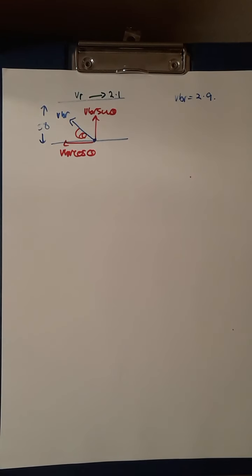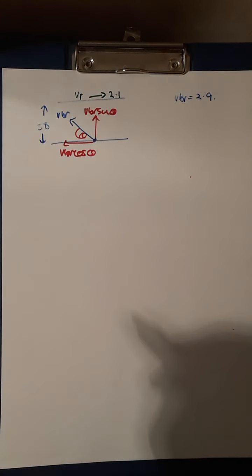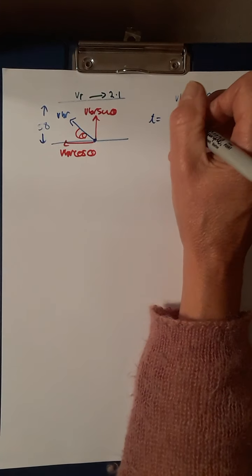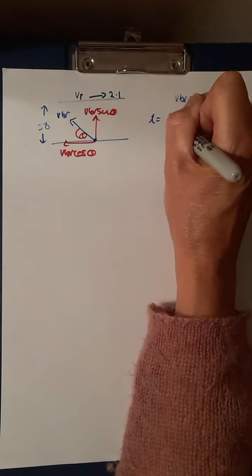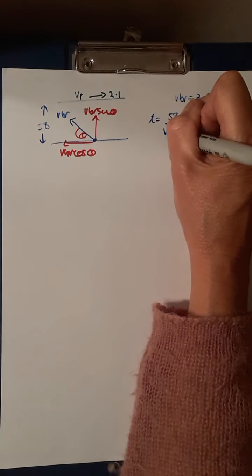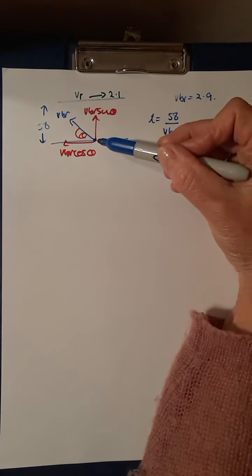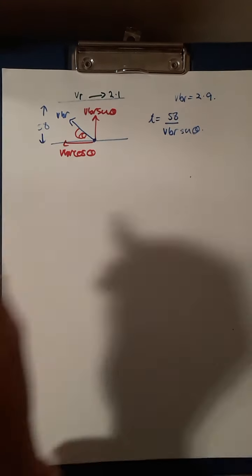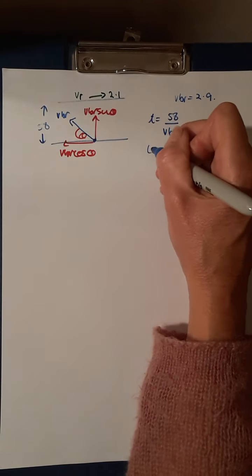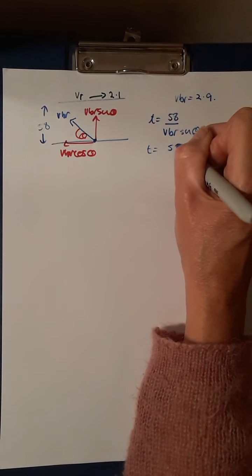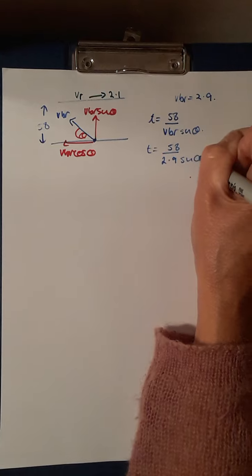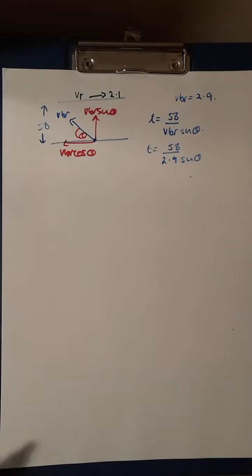So the crossing time in this particular case is T is equal to distance across, which is 58, divided by VBR, which velocity takes it across the river? VBR sine theta. I know what the VBR is. It's 2.9, so this is 58 over 2.9 sine theta. So your job is to find sine theta.